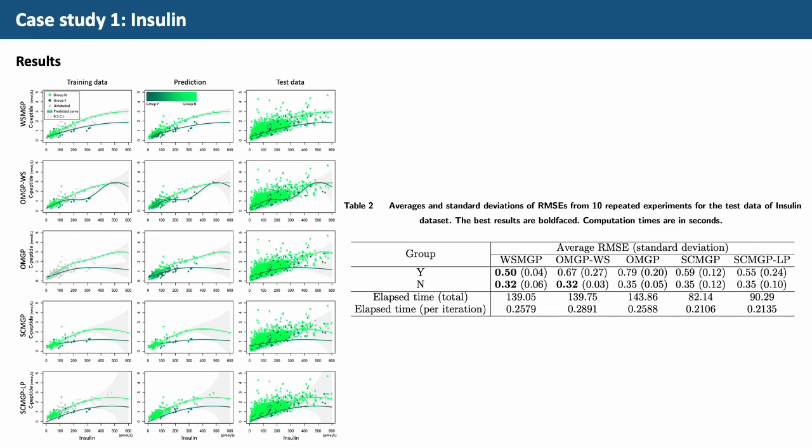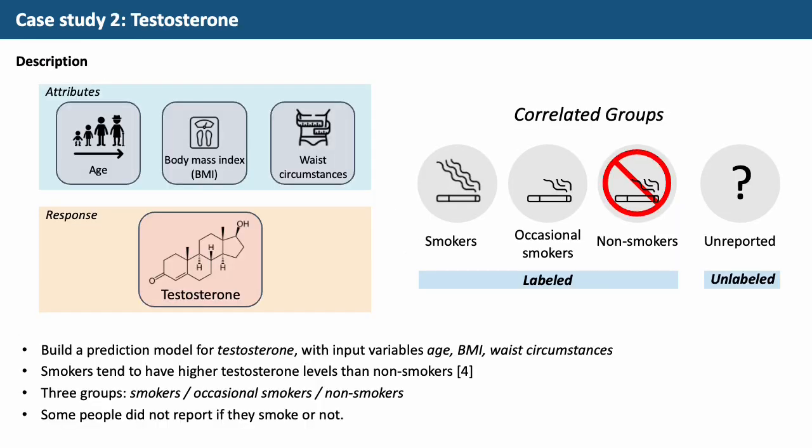Our model can make an accurate prediction even for the sparse group, borrowing strengths from the dense group that does not take insulin. The next case study is predicting testosterone level. The testosterone is a sex hormone that affects the male reproductive system and physical sturdiness. It is known that the testosterone level depends on age or one's level of obesity.